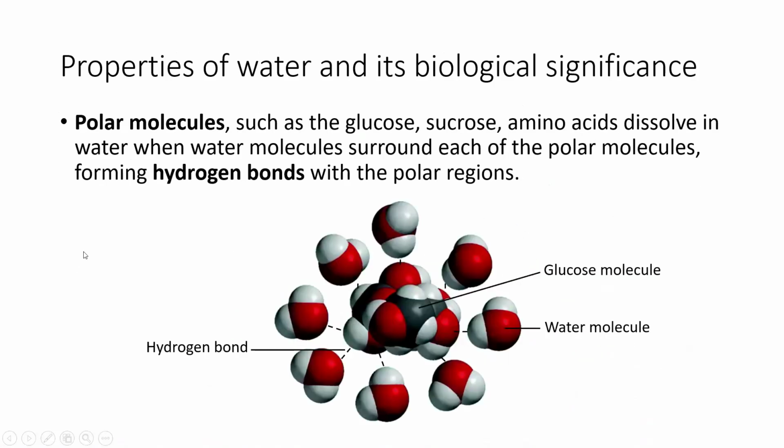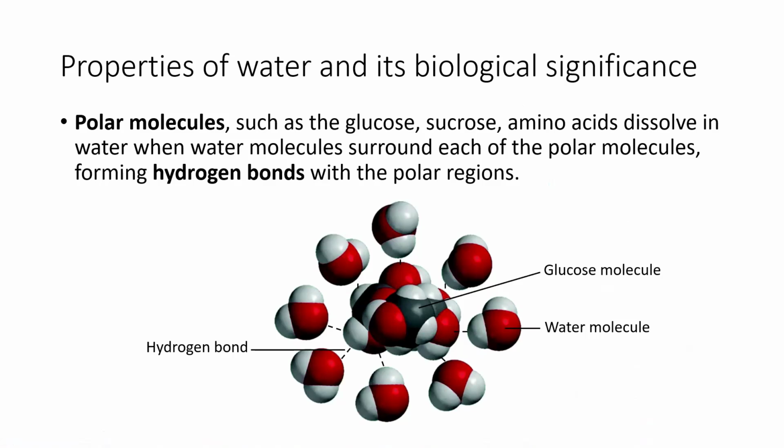For polar molecules such as glucose, sucrose and amino acids, they dissolve in water when water molecules surround each of the polar molecules and form hydrogen bonds with the polar region. For example, with the glucose molecule, the hydroxyl group will form a hydrogen bond with the hydrogen atom of the water molecules.